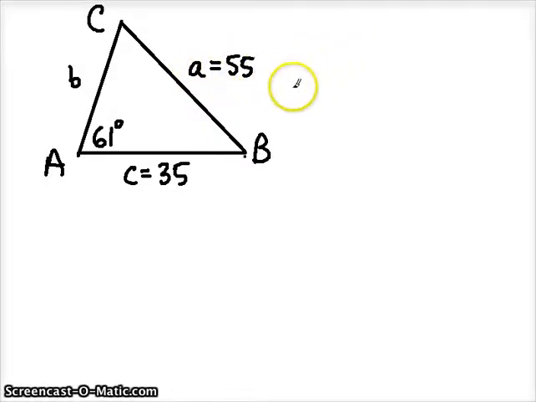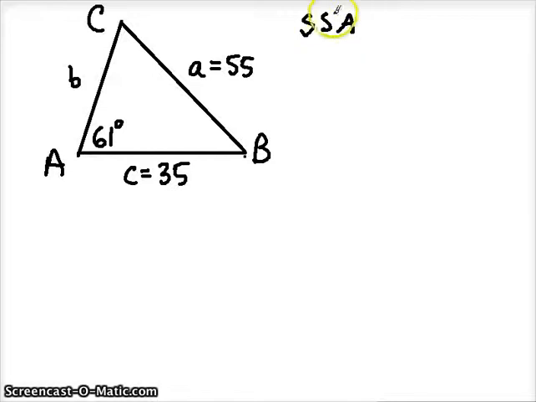But this triangle is slightly different than the last one. This one, as we go around, is angle-side-side, or side-side-angle, either way. We don't normally say angle-side-side. So in this case, we can still use law of sines. And again, because we are given a ratio of a side length and its opposite angle, then we can generally use law of sines.